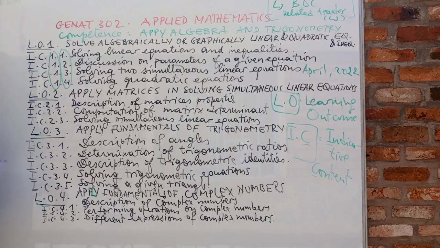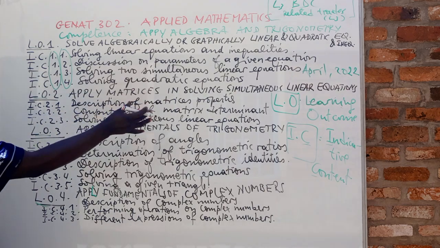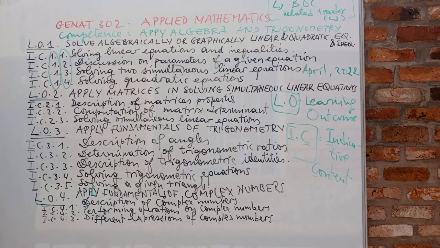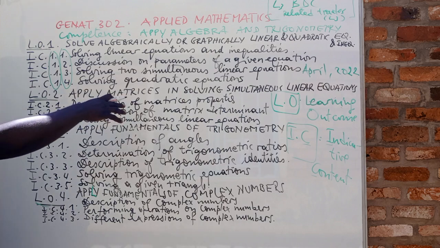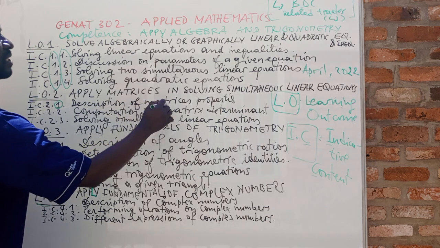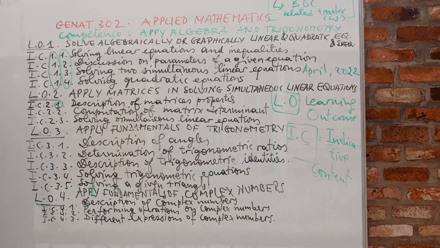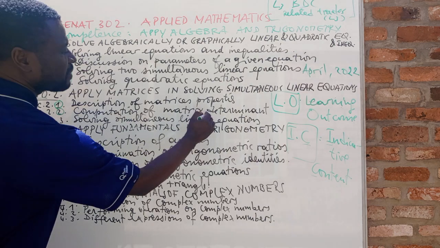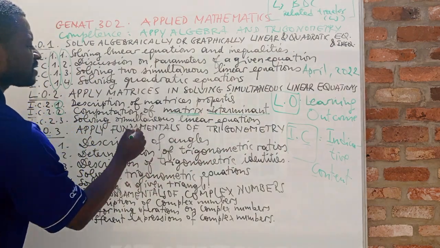So learning outcome number 2: apply matrices in solving linear equations. Here we will use mostly determinants in order to apply matrices in solving simultaneous linear equations. First of all, indicative content number 1, we will need to describe properties of matrices. Number 2, we will compute the determinant of a matrix.